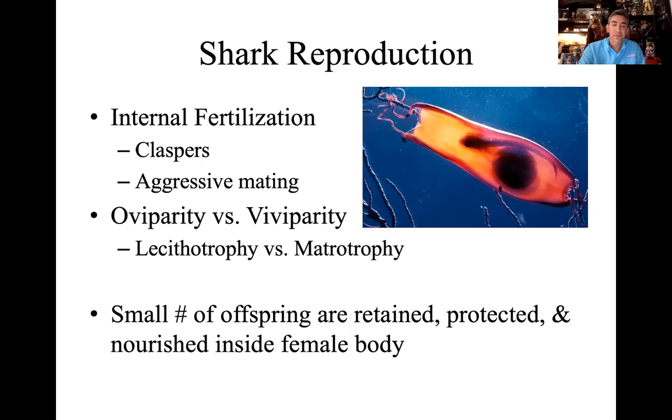So a small number of offspring are retained. If they are viviparous, they retain those babies. They're able to protect the babies, and the female can nourish the baby, right? So this bottom bullet pertains to the vivipary strategy here.